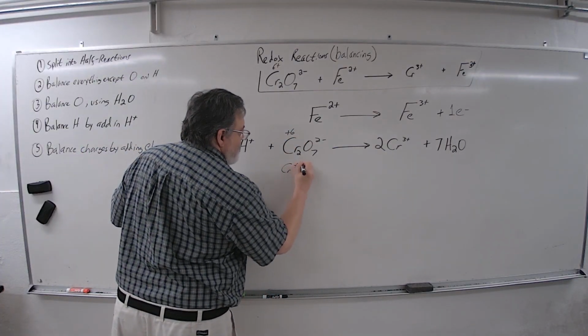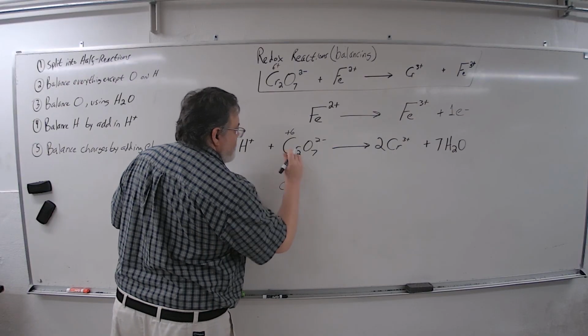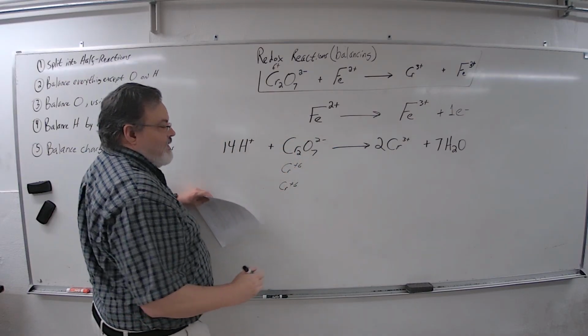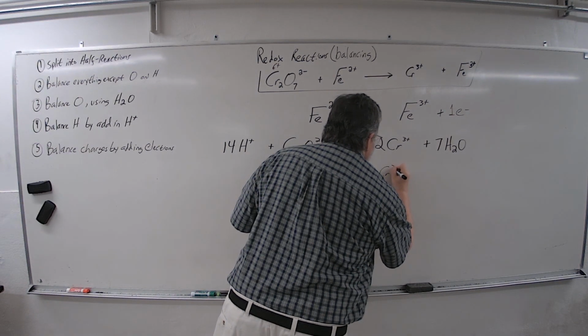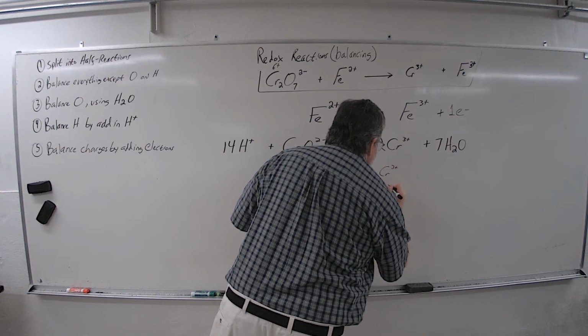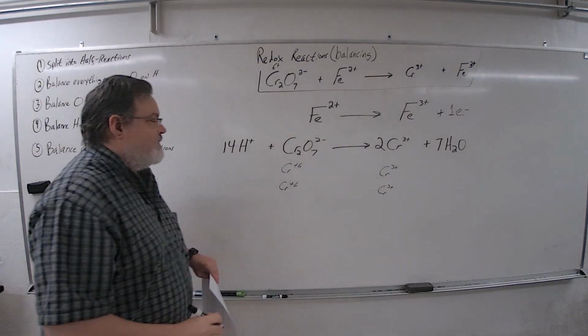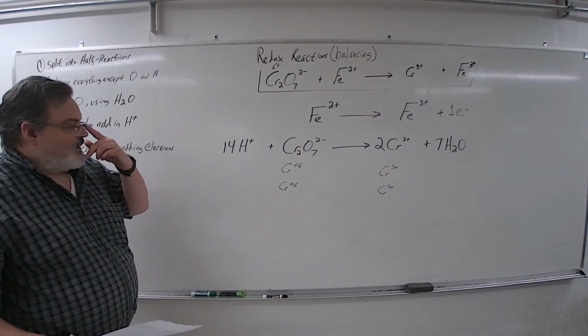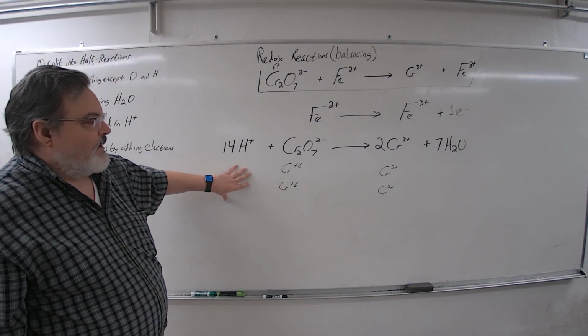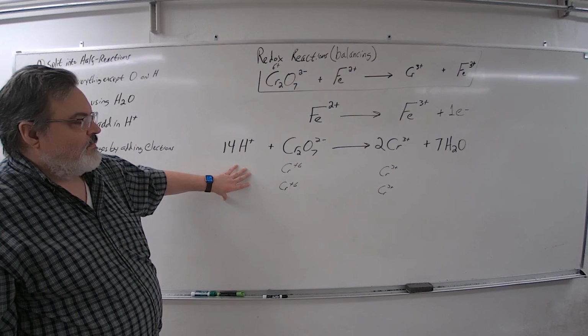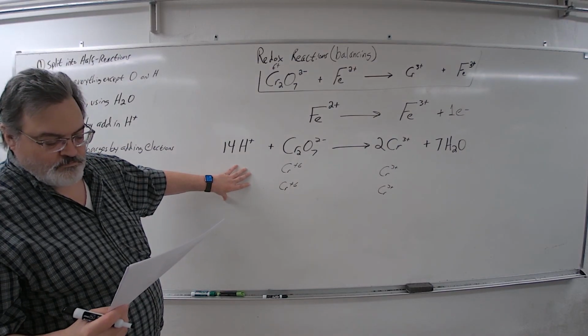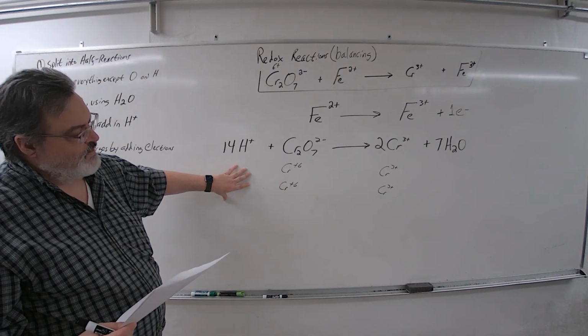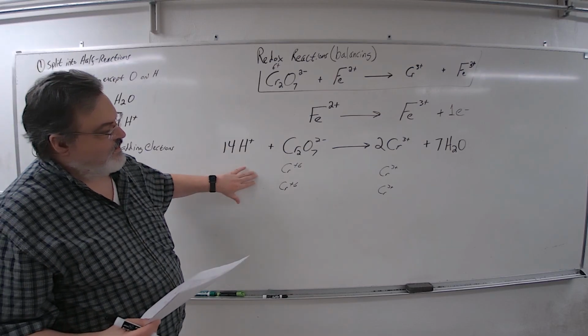Actually, I had Cr plus 6 and Cr plus 6, and here I have Cr3 plus, Cr3 plus. So the electron in this case is going to go on this side, but how many of them do I need? Maybe 6.